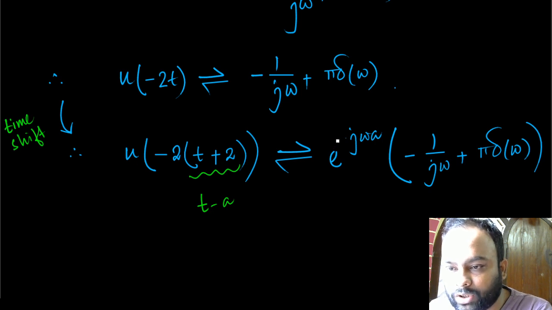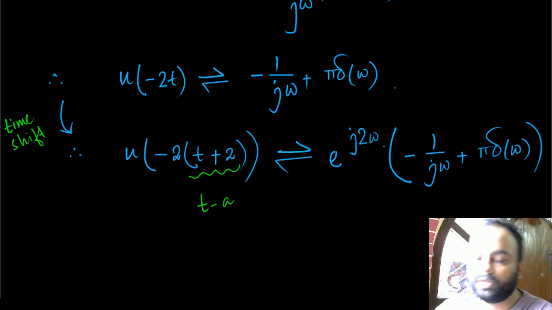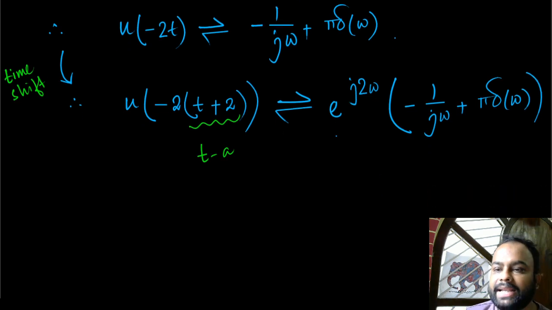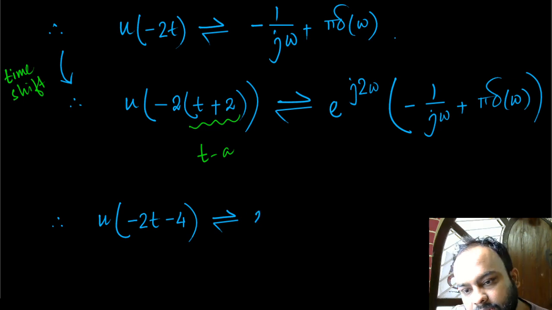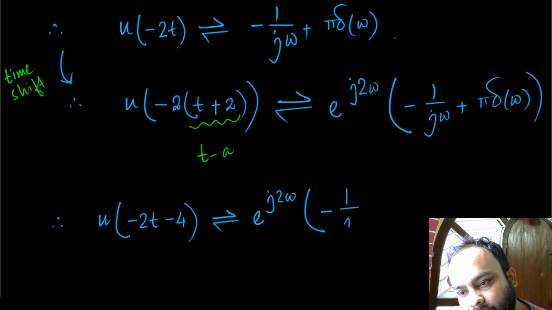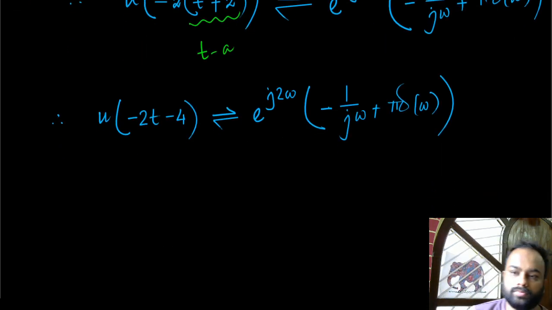So if I write that, that's going to be 2 omega, so the minus sign cancels out. That's the entire Fourier transform. Therefore, we have just calculated that the Fourier transform of this is e to the power j 2 omega times minus 1 by j omega plus pi delta omega.